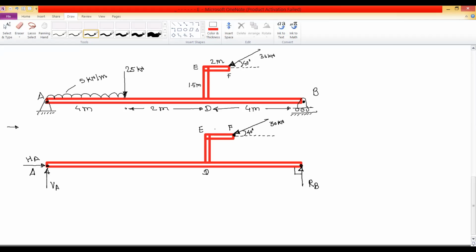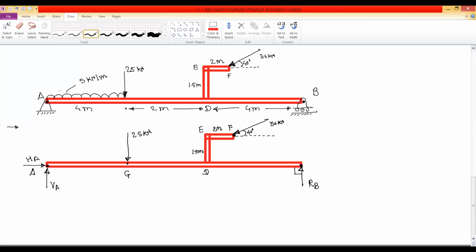This distance EF is given as 2 meter. Distance AD is 1.5 meter. Then let us take this point as G. There is another point load of 25 kilonewton. So we have shown all the point loads and the reactions on the beam ABCD.